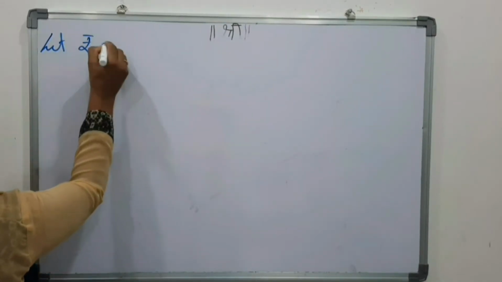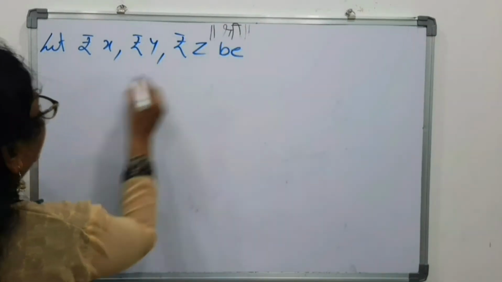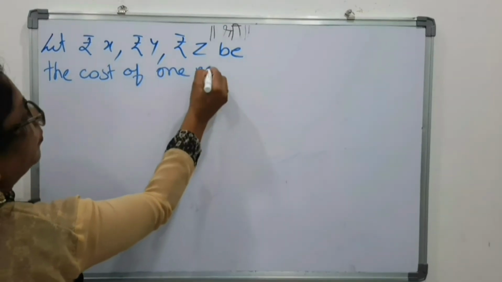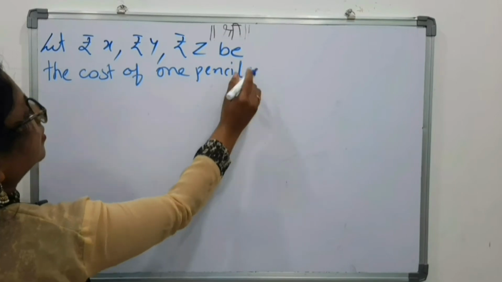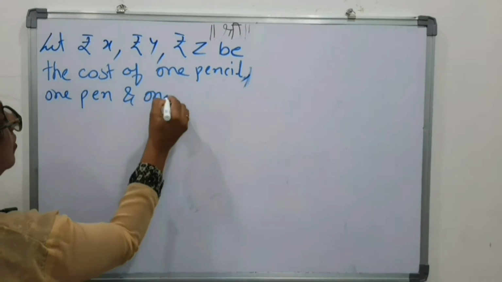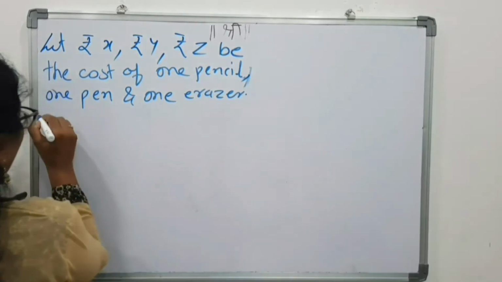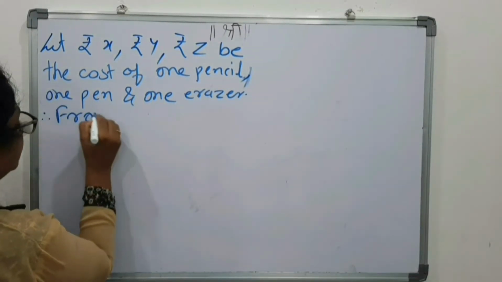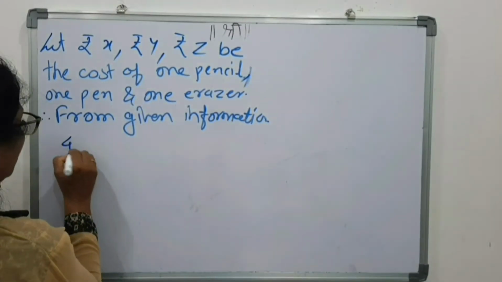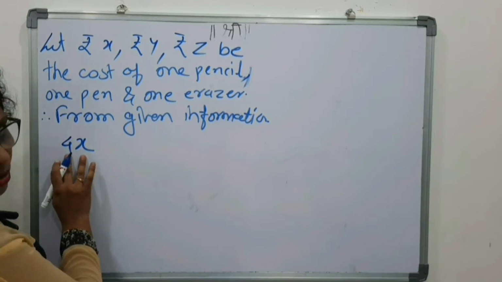Let rupees x, rupees y and rupees z be the cost of 1 pencil, 1 pen and 1 eraser respectively. So from the given information, if the number of pencils is 4, then the total cost is 4x.